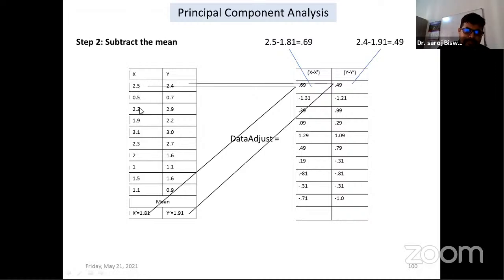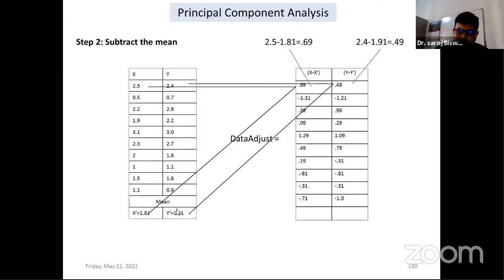If you find the mean value of x, it is represented by x bar, that is 1.81. And now the mean value of y. You may not understand, mean means the average. So the mean value of y is y bar, that is 1.91. So we have now found the mean of x and y. If you have multiple attributes, then we need to find multiple means.